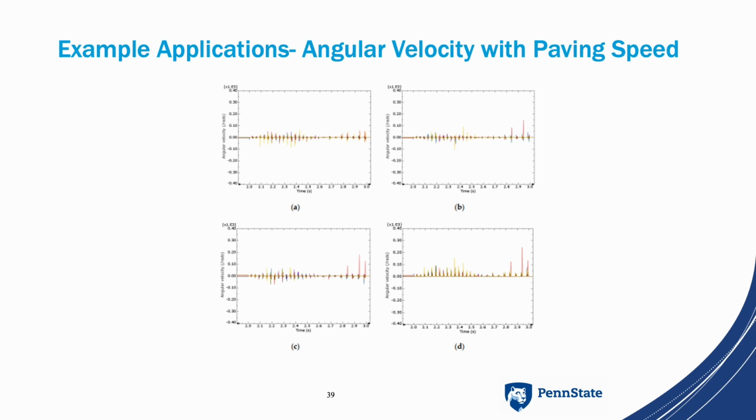When the speed was raised again to 6 meters per minute, as you're seeing right now, the activity of the aggregates was relatively weak, with the angular velocity floating between minus 0.1 and 0.2. Comparing the data generated with paving speed as a variable, a similar pattern was found: if the paving speed is faster while keeping the other conditions constant, the asphalt mixture will compact less during the preliminary compaction stage.